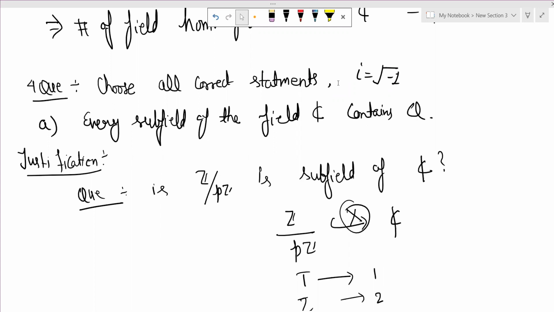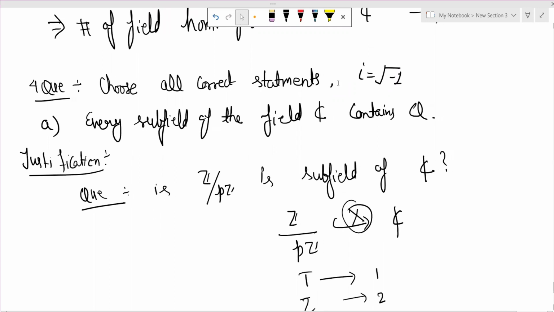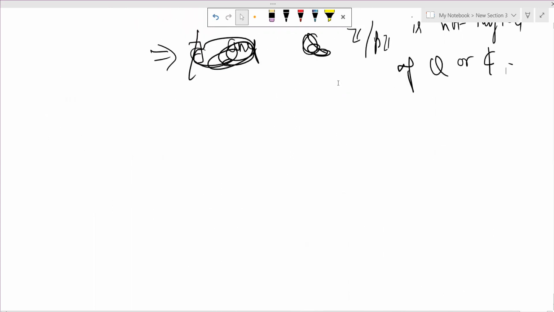So is this statement true or not? How will we prove this? Justification.